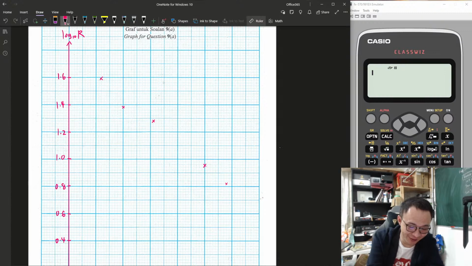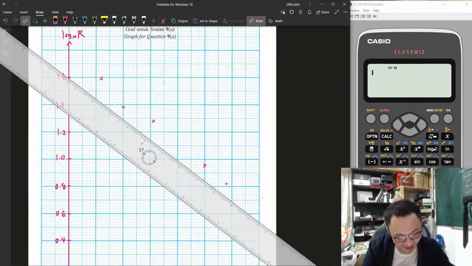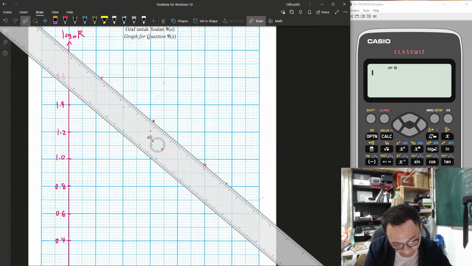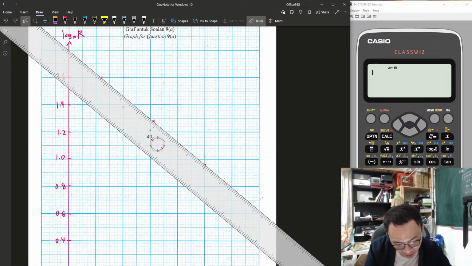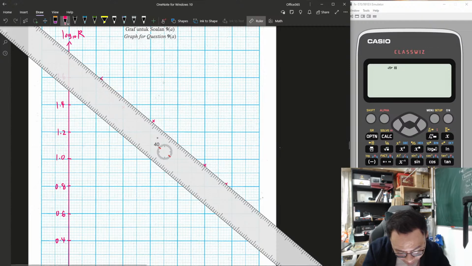Alright, so ruler come. Okay. Adjust the ruler until it's best fitted. So can I touch all the points? Yeah, almost touch all the points. I don't know. Okay lah, like this lah. If I want to best fit it, I will just do like this.